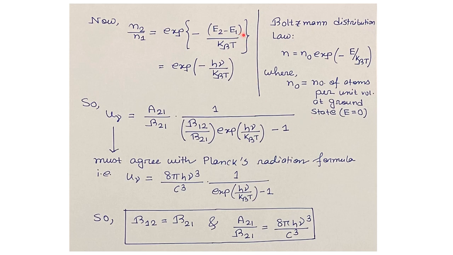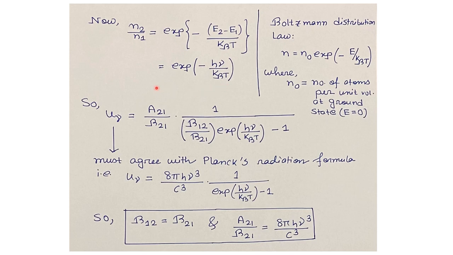Now, E2 minus E1 is h nu, the photon energy equivalent to the gap between the two energy levels E1 and E2. So we can write N2 by N1 as exponential of minus h nu divided by kBT.